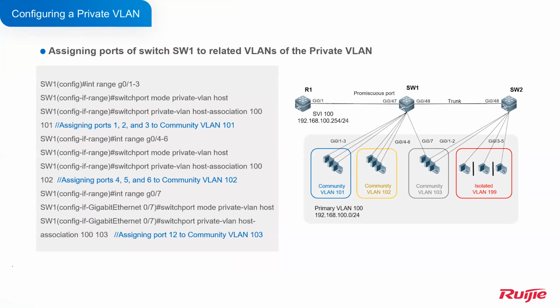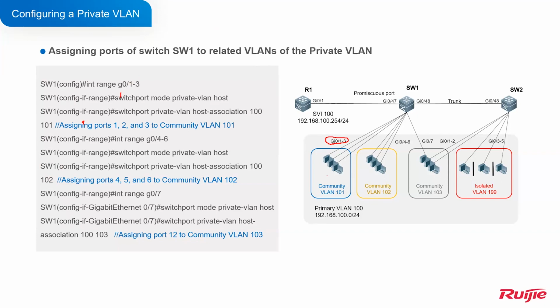Interface range G0/1 to 3. G0/1 to 3 represent these ports in the figure, right? And let's see what we have done to these ports. Switchport mode private-vlan host. Switchport private-vlan host-association 100 101.